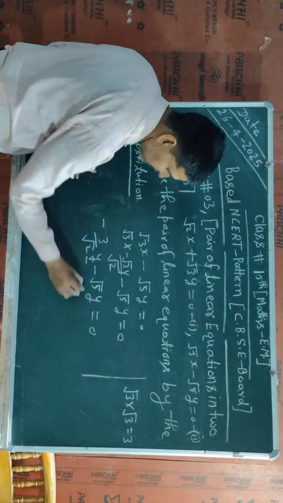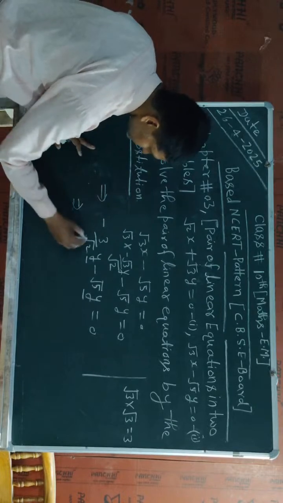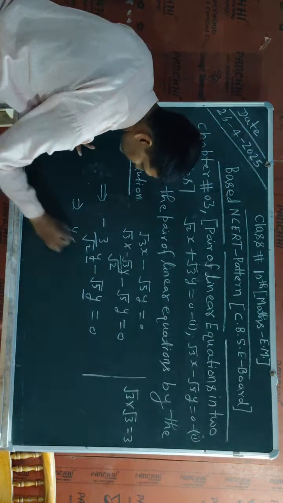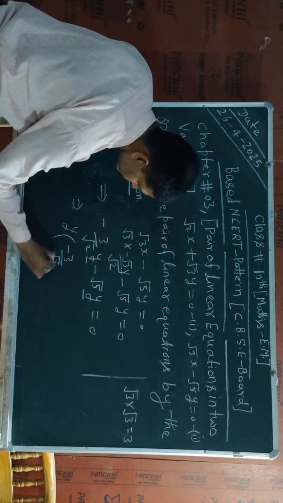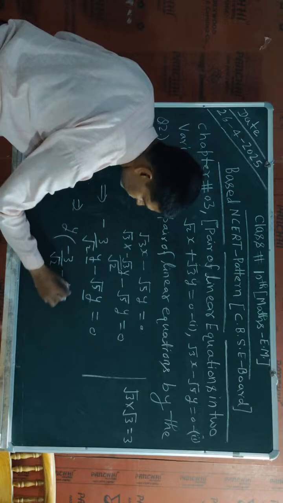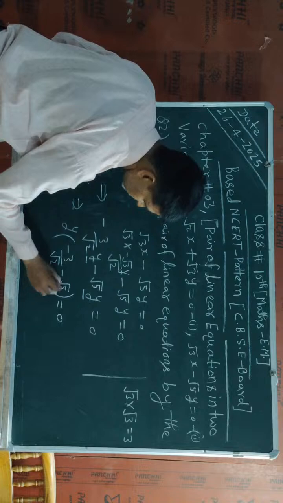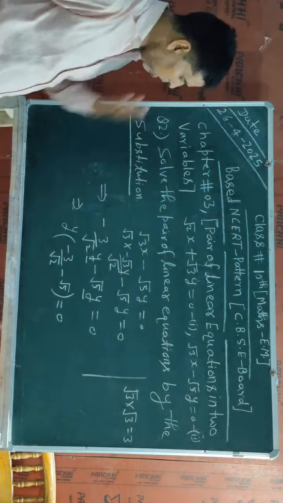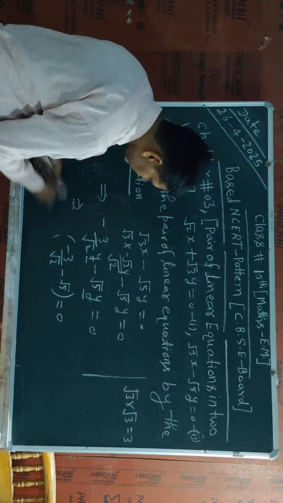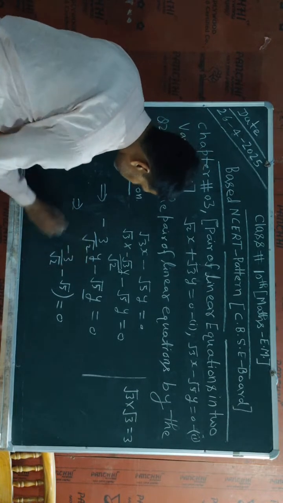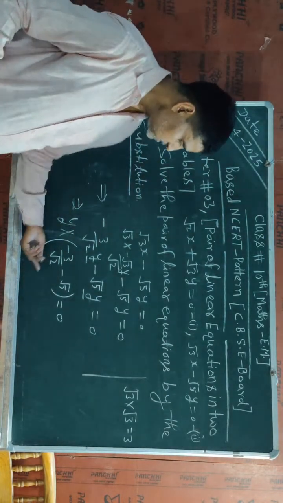Now in this case I will take y common. So here I will take common y. Here it will be minus 3 divided by root 2 minus root 5, which is equal to 0. Okay, student. Further I will say this: y into this much is equal to 0.